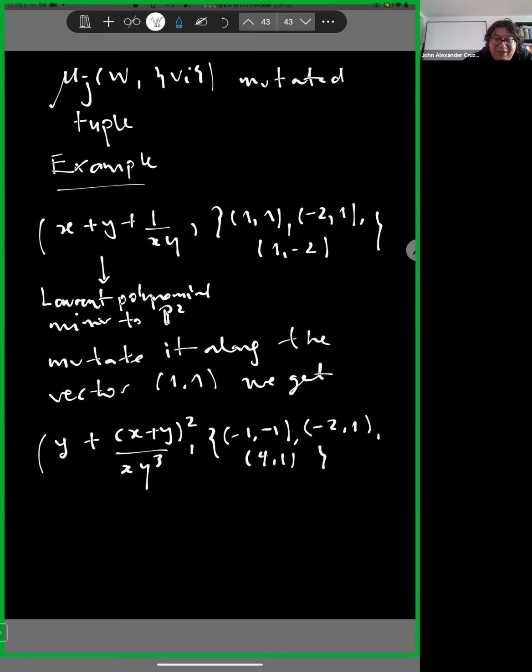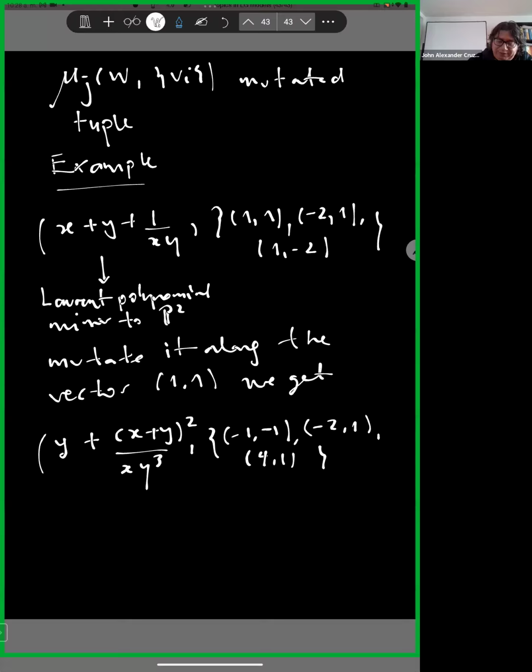What is interesting here is the following: you mutate, and then you can start again, and mutate again and again.